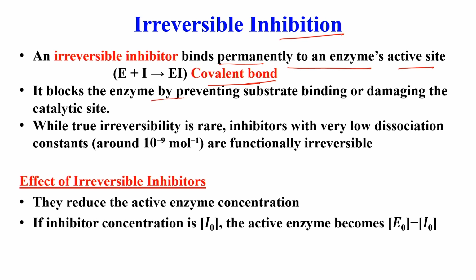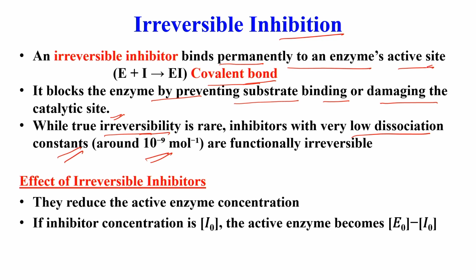So, it blocks the enzyme by preventing the substrate binding or damaging the catalytic site. And as this is irreversible in nature, the dissociation constant value is very low, 10 to the power 9 molar inverse or even less.